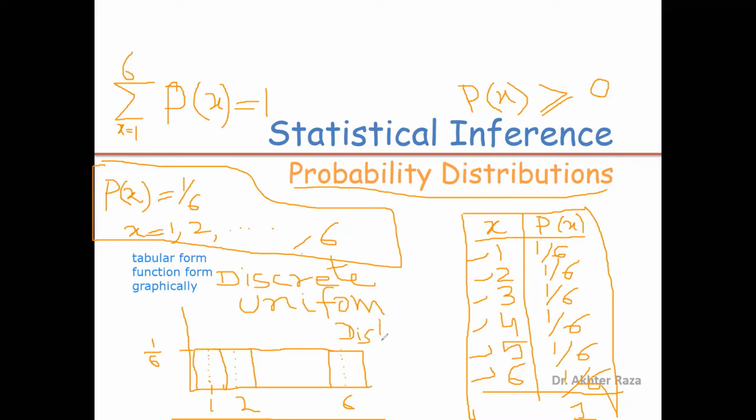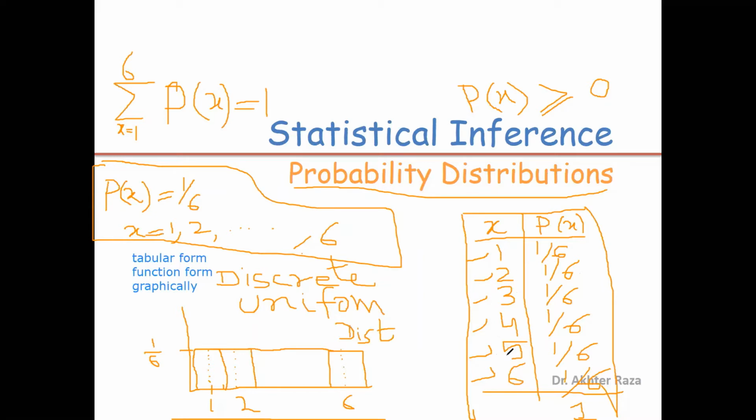Okay. In a uniform distribution, the probabilities remain the same. That is why we are calling it uniform or homogeneous. And it is a discrete random variable because we have 1, 2, 3, 4, 5, 6, and there is nothing in between 1 and 2, or between 2 and 3. So this random variable is a discrete random variable.